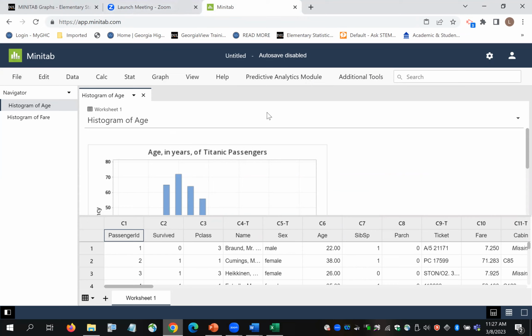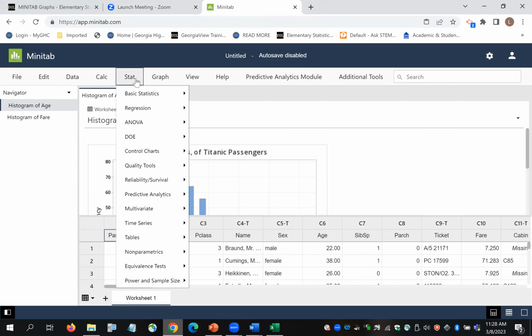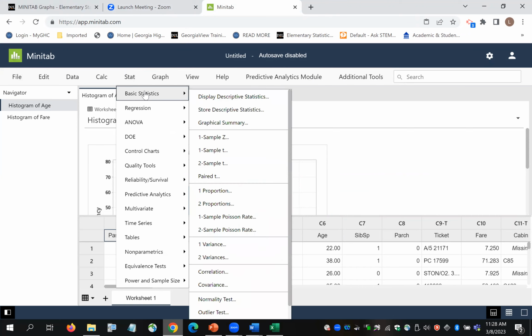Okay, so here's how you do descriptive statistics. It's going to calculate those measures of center, measures of variation, and so forth. Okay, so we go to Stat, because I want to calculate descriptive statistics. I want to do Basic Statistics, and I want to display the descriptive statistics.